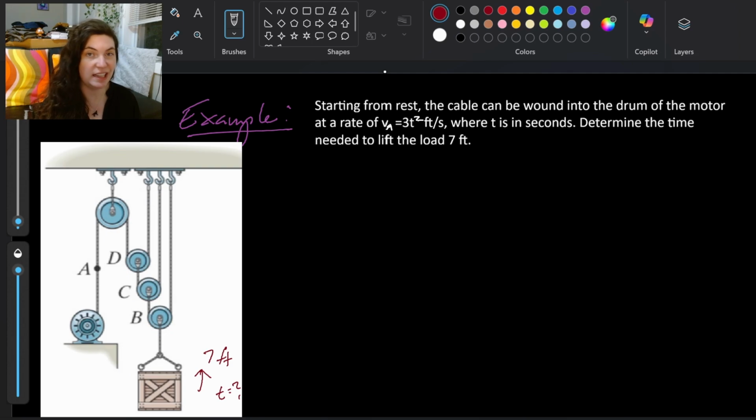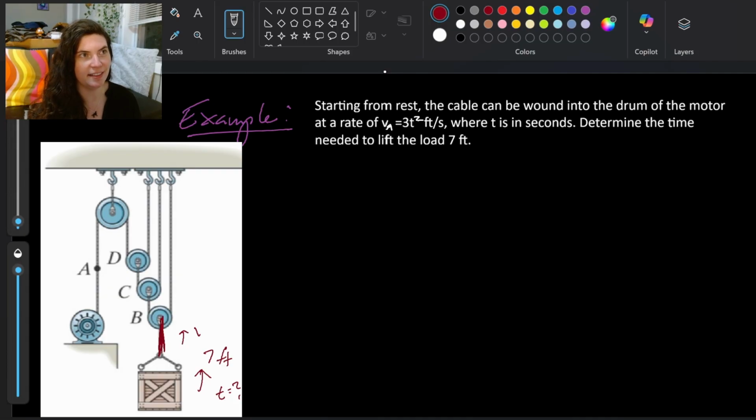We can relate time and distance through a velocity. So if we find the velocity of this crate B here, we'll call it crate B because it's attached to pulley B. This is connected, the easiest connection. It's one single rope.